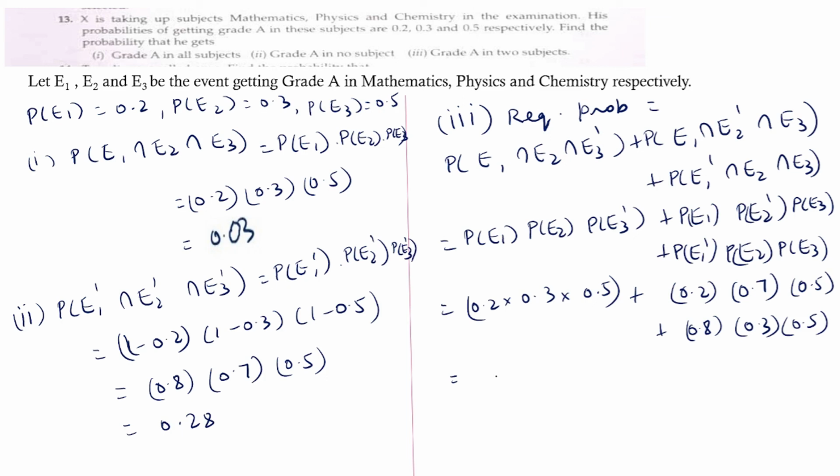So this is equal to 0.03 plus 0.07 plus 0.12. So this is equal to 0.22. So this is the required probability.